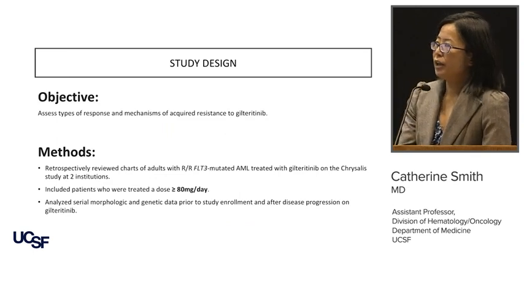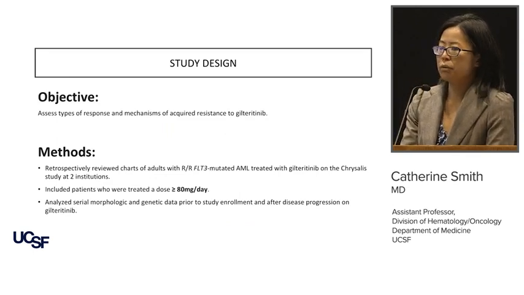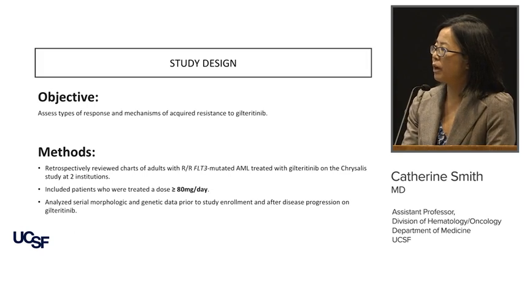So we undertook an effort to understand the mechanisms of relapse to this particular drug, and we looked at patients who were treated at the clinically active dose of greater than 80 milligrams a day. And we analyzed serial samples from these patients to see what, if any, mutations were acquired at the time of relapse.